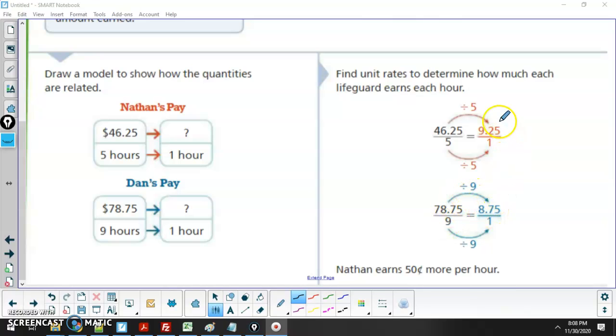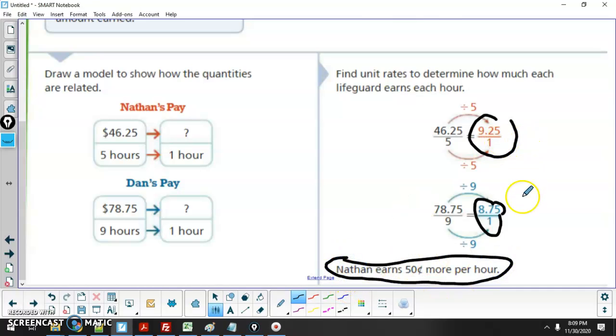All right, and now if we want to compare these two rates, you cannot compare them when the denominators are different, but now that we made them unit rates, we can compare them and see who made more money. And the man who made more money, Nathan. Nathan by 50 cents. And how did we get the 50 cents? Well, you simply subtract 9.25 minus 8.75.